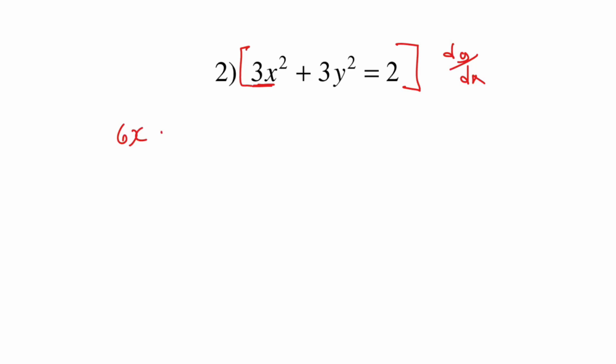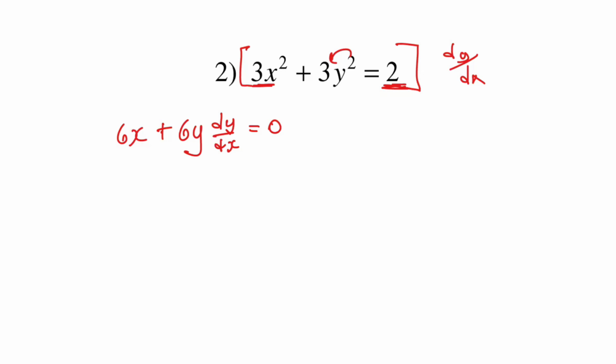And then when we differentiate this, we're going to get 6y. Because we differentiated the y, we're going to attach, and when we say attach, I mean multiply dy/dx to it. And then it's equal to 0 because the derivative of a constant is 0.